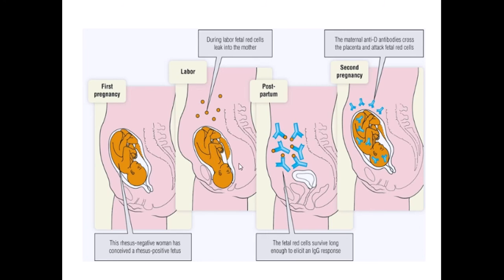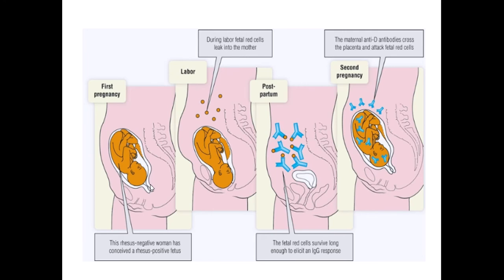And so the antibodies are going to bind to the Rh positive baby's cells here, and complement will be activated, and so immune hemolysis will take place. And so this is what we call here hemolytic disease of the newborn.